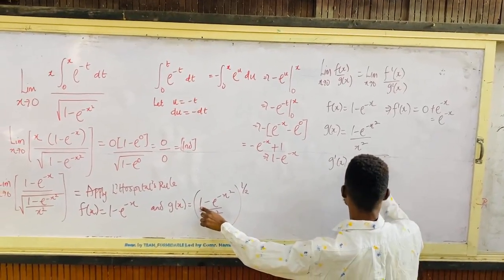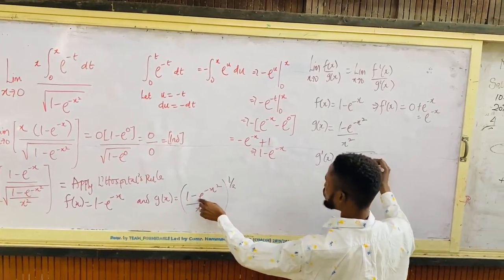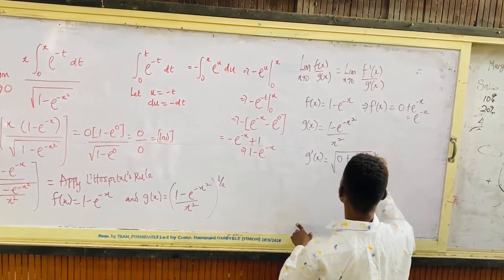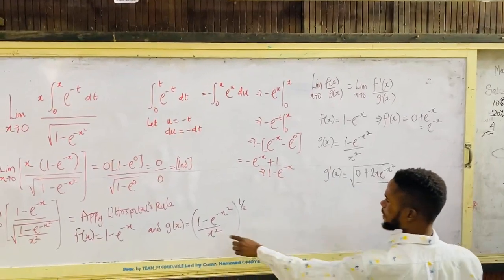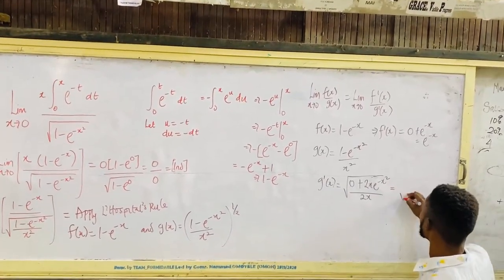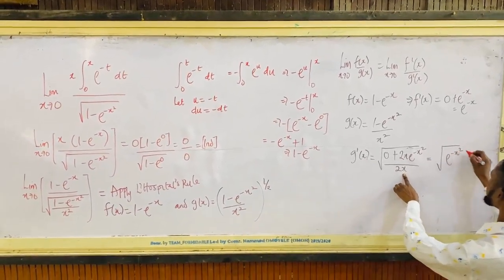Differentiate 1, that's 0, differentiate the next, that's plus 2x exponential minus x squared, over the derivative of x squared, that's 2x. So 2x cancels 2x, that's exponential minus x squared.